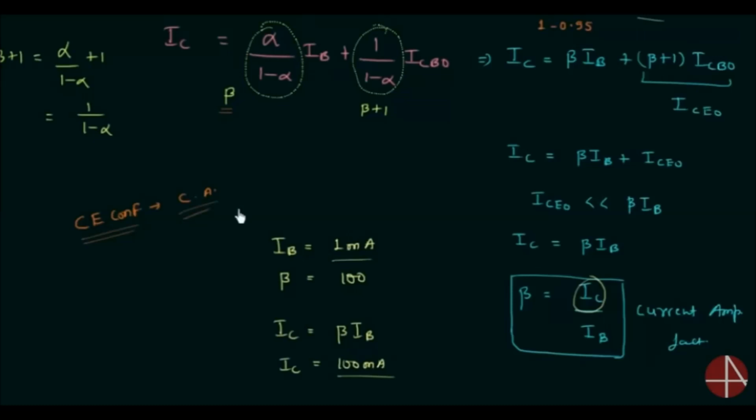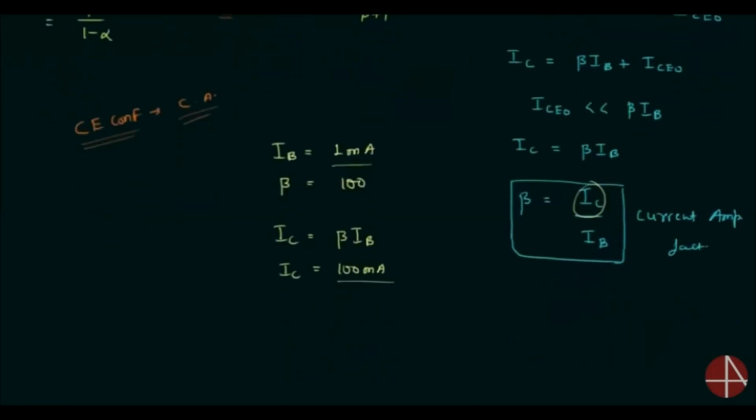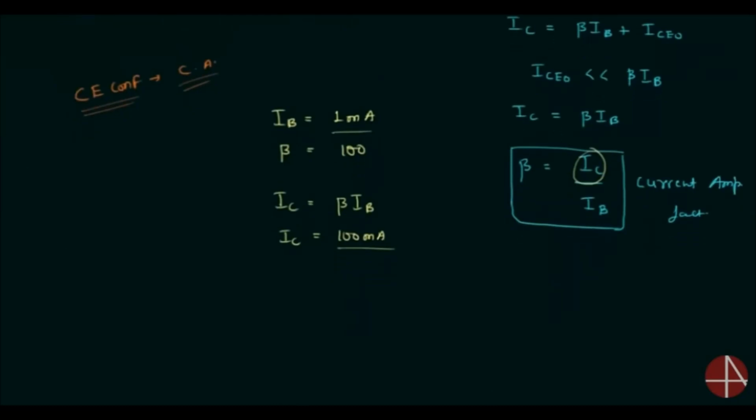There is one more thing that I want to explain. I want to compare the reverse saturation current in common base configuration and in common emitter configuration. This is the note. In case of common base configuration, the output current IC is equal to alpha times IE, the input current, plus ICBO, whereas in case of common emitter configuration, the output current IC is equal to beta times IB, the input current, plus beta plus 1 times ICBO.